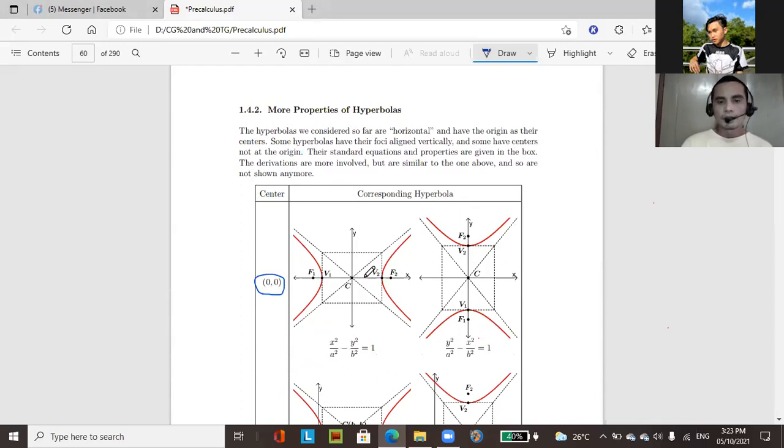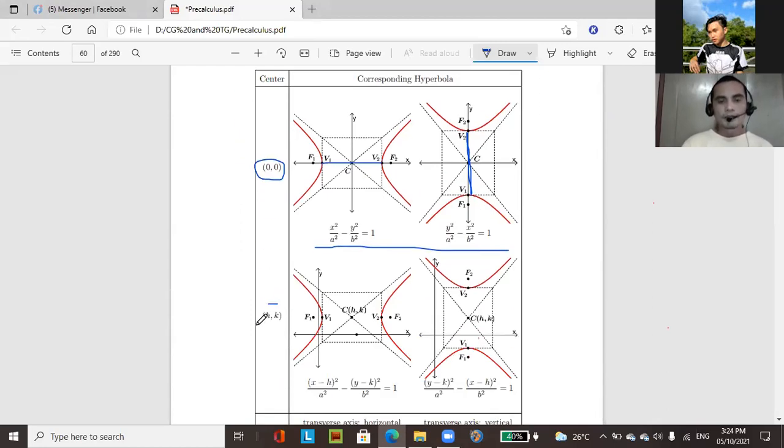The transverse axis is horizontal when the x variable is positive. But on the other side, the x variable is negative. So the y is positive. So therefore our transverse axis is vertical.